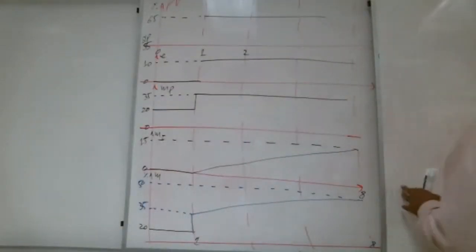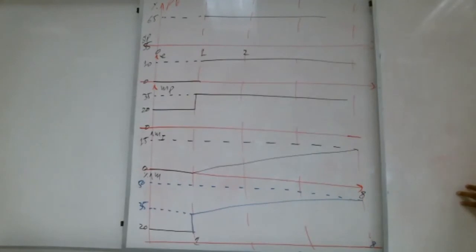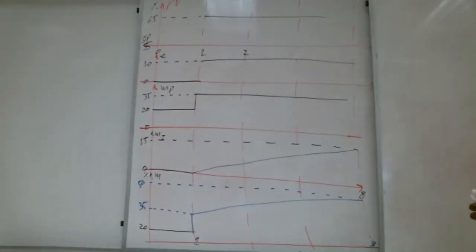So we need to find outputs. We need to find M, MP, MI at time 0.5 minutes, 1 minute, 3 minutes.